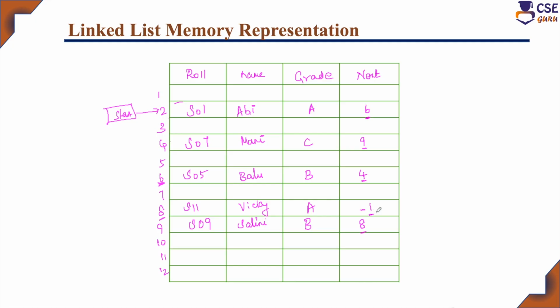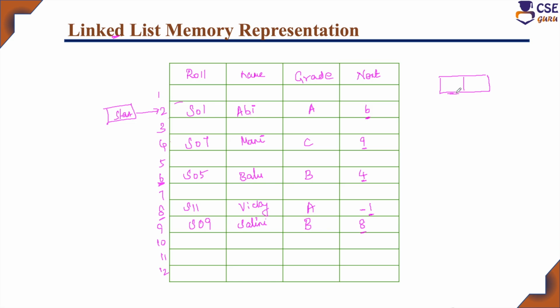Okay, likewise the data element part may be more than one part also, that is possible, like a record we can store, and here also the next pointer part will be there to connect one record with another, and this kind of record list you can also implement, and this is the memory representation for this. So linked list, in the sense, will have two parts, data part and the next pointer part.